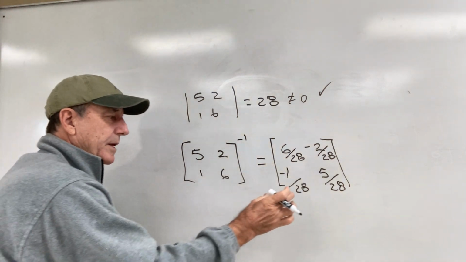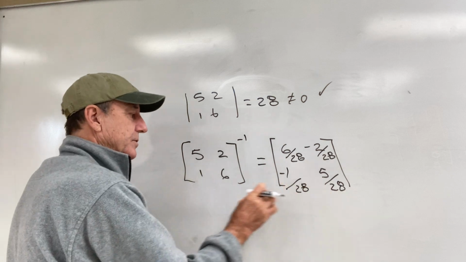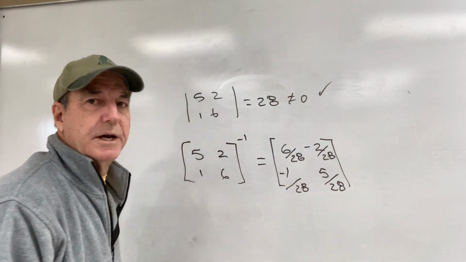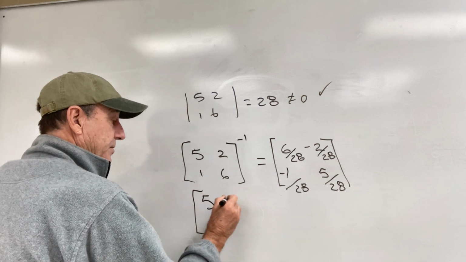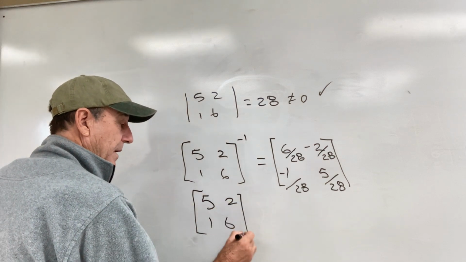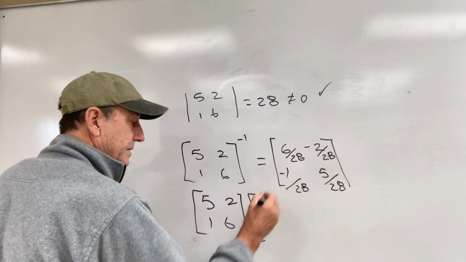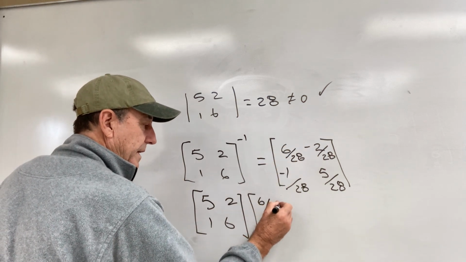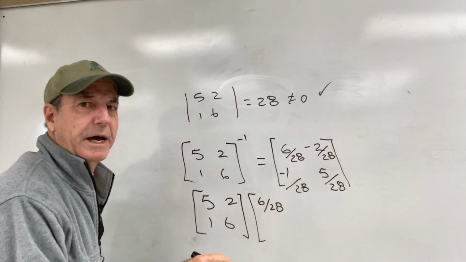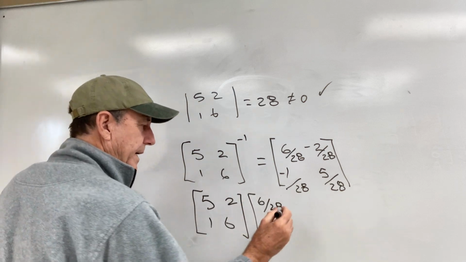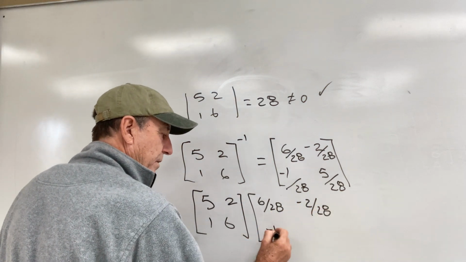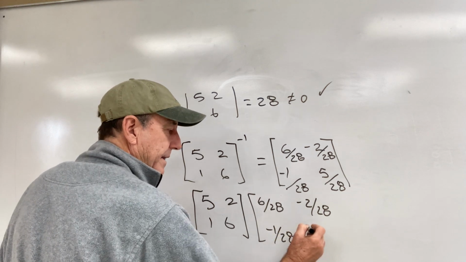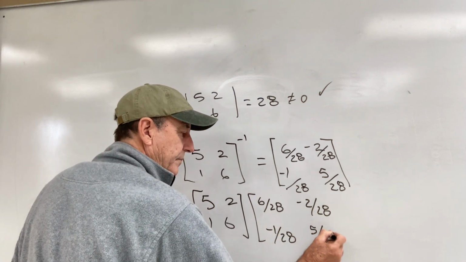So I claim that this now is going to be the inverse of the original matrix. Let's double check and just see that it works. Okay, so we have 5, 2, 1, 6. I claim if you multiply this by 6 over 28, yes, I could reduce that if I wanted to, I'm going to leave it as 6 over 28, minus 2 over 28, minus 1 over 28, and then 5 over 28.